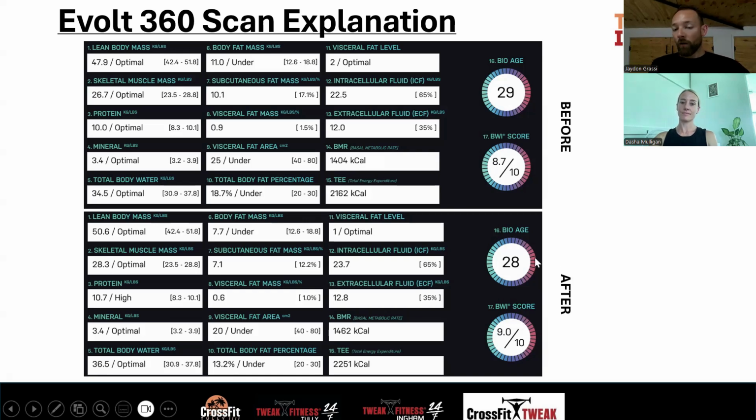I've always referred to this as a functionality score myself. What I always point to is body fat mass. Body fat mass is non-functional weight versus our skeletal muscle mass, which is functional weight. If we have more functional weight and less non-functional weight, it makes us overall more functional, and it means that we're a little younger according to our bio age.